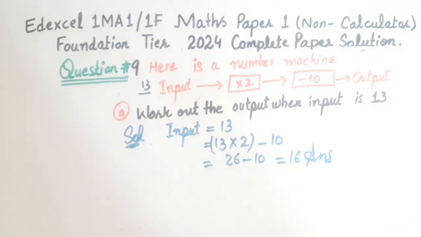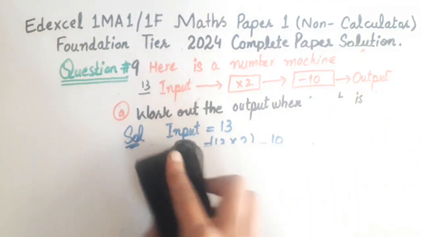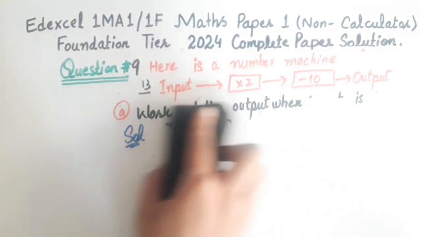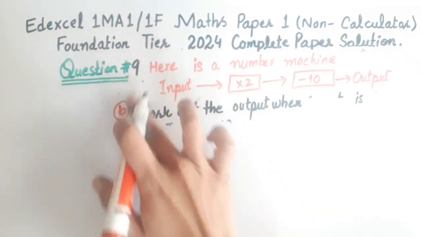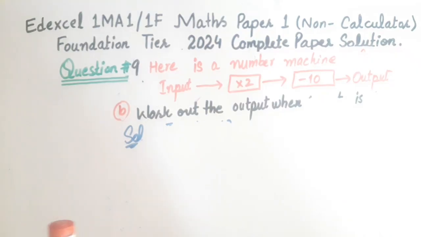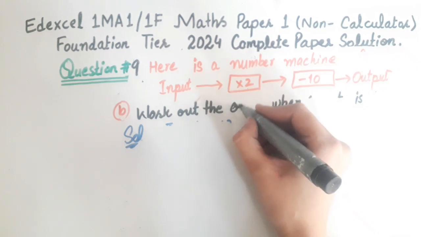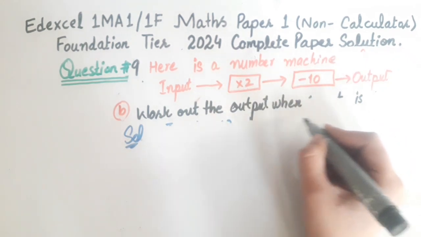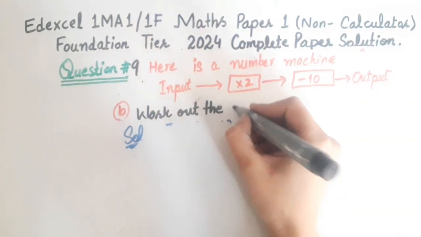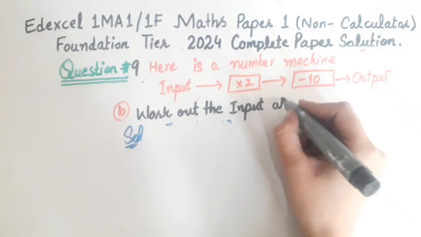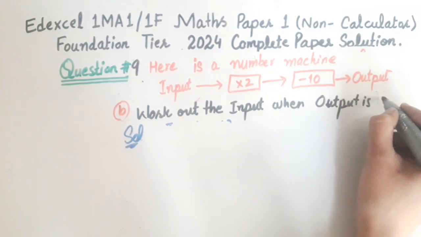Now here is also the B part in which the question changes. In the B part, you have to find the input when the output is 28.